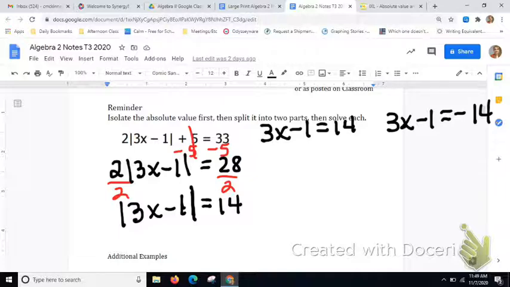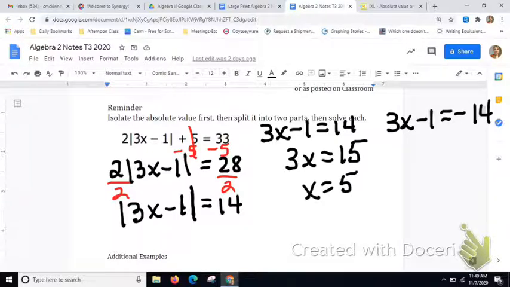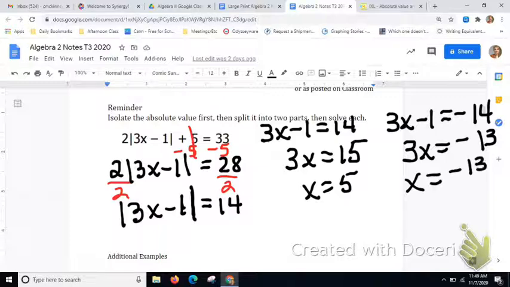So it does matter that you get the absolute value bars by themselves first, anytime there's any addition or subtraction involved. So I'm going to add 1. Then I'm going to divide by 3. I'm going to add 1. And I'm going to divide by 3. Now, it is going to be very common that one of our answers is not going to be pretty.